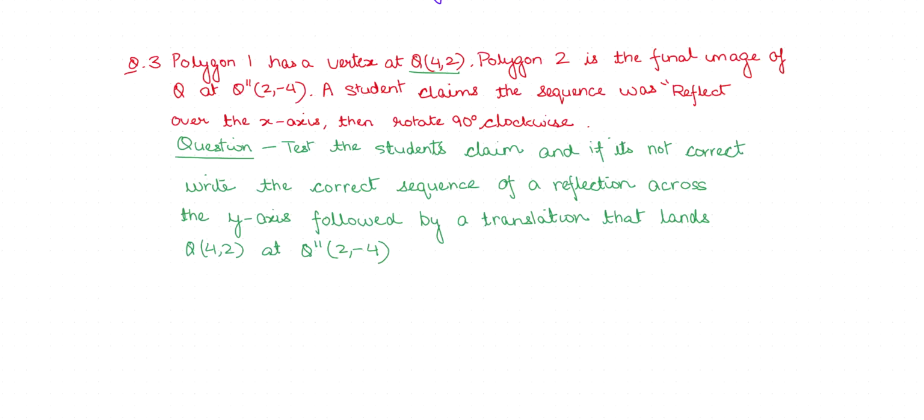So what would be that translation which would land (4, 2) at (2, -4)? First we have to test if the student's claim is okay, that is, reflect over the x-axis and rotate 90 degrees clockwise. So try this question and then see the solution.